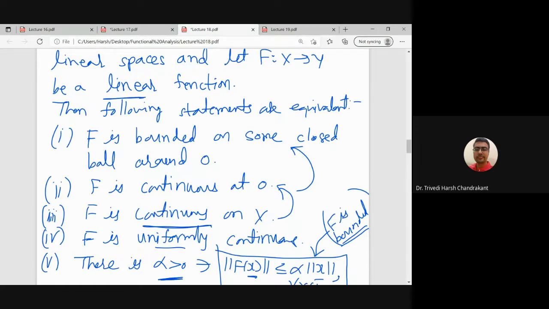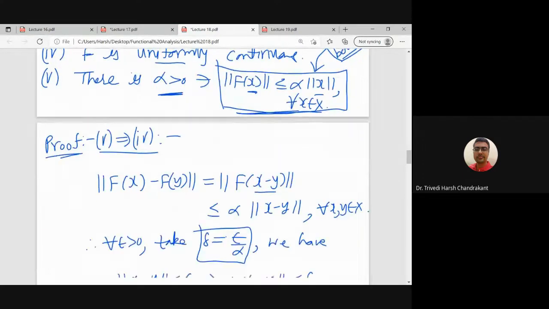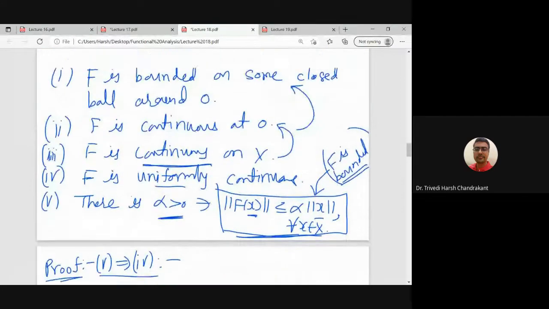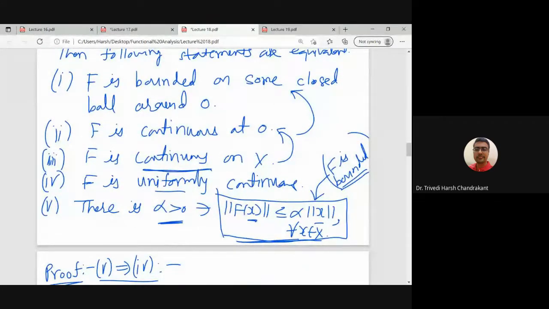Okay, so far we discussed 5 implies 4, that if such an alpha exists, then f is uniformly continuous, and we know that if f is uniformly continuous, it is always continuous. If it is continuous at x, it is always continuous at 0.